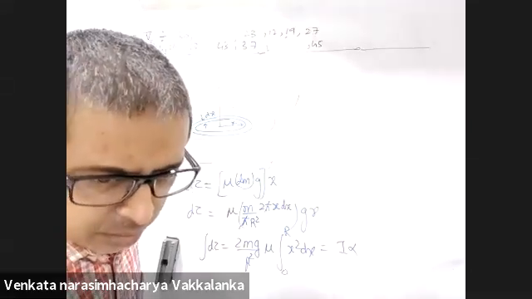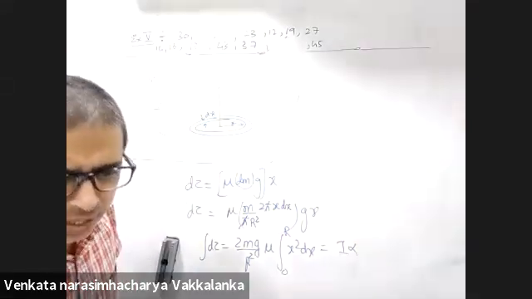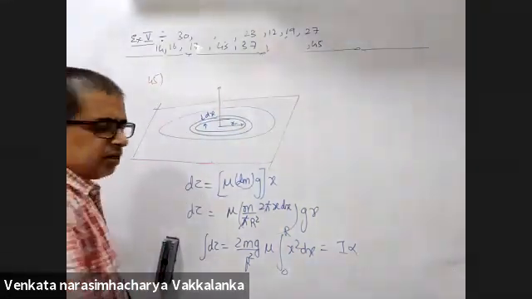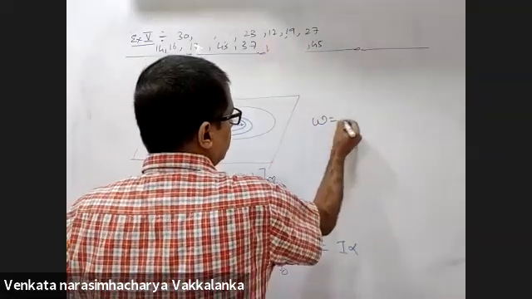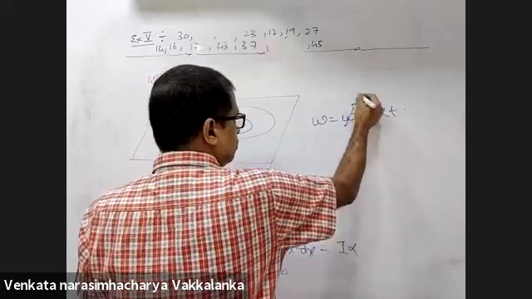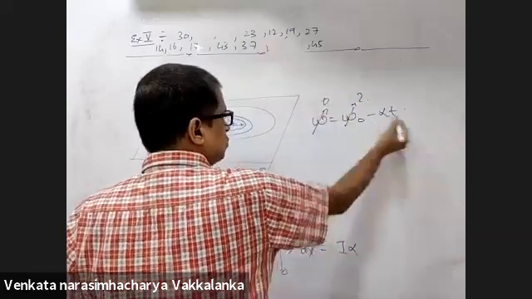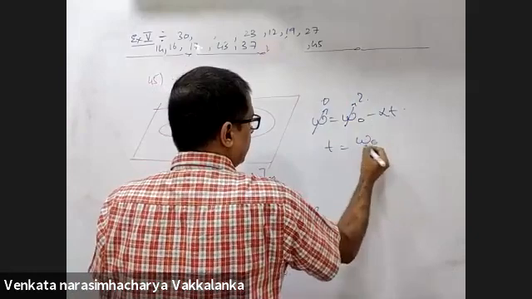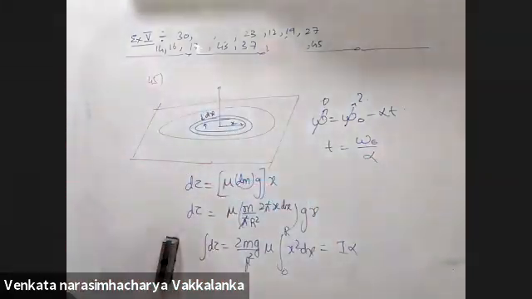What did he ask? How long will the disk rotate on the surface if the friction coefficient is mu? Omega is equal to omega naught minus alpha t. Omega naught is given, omega is 0. t is omega naught by alpha. Put omega naught by alpha, which you calculated from here, and you get the answer.